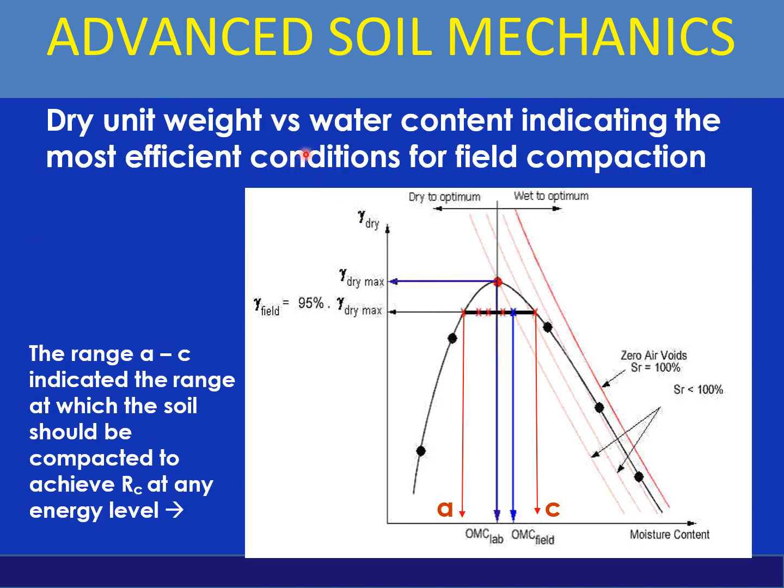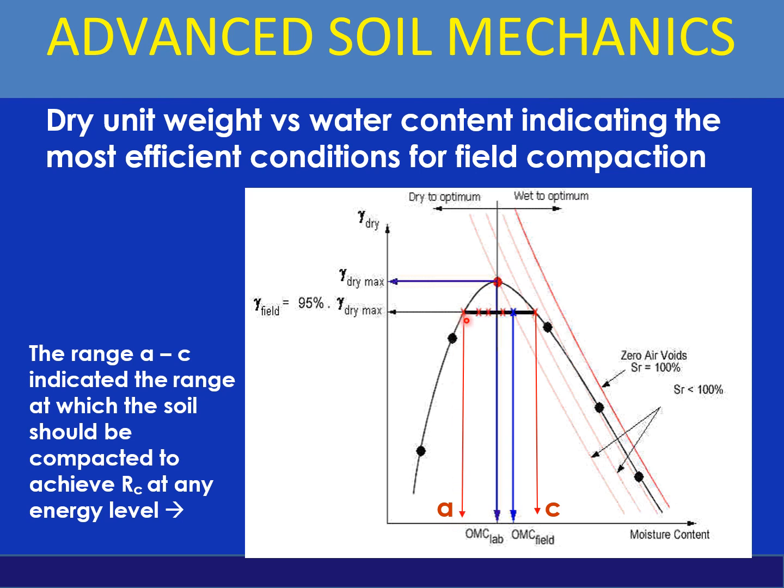So dry unit weight versus water content indicating the most efficient condition for field compaction. You can see that the range A to C indicates the range at which the soil should be compacted to achieve R sub C at any energy level. When you are considering certain relative compaction, obviously you can get this range.